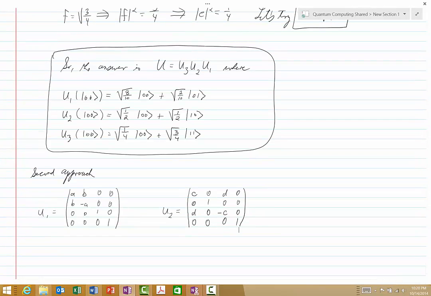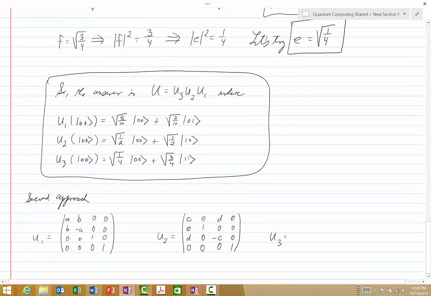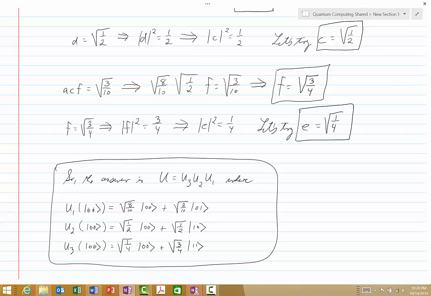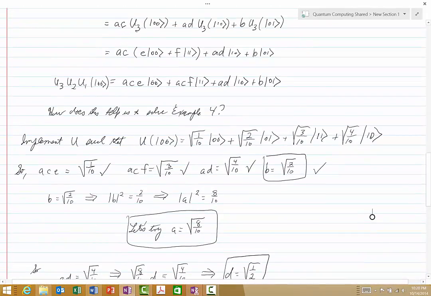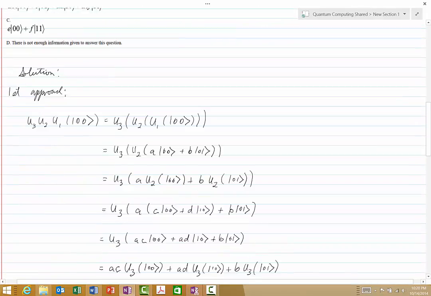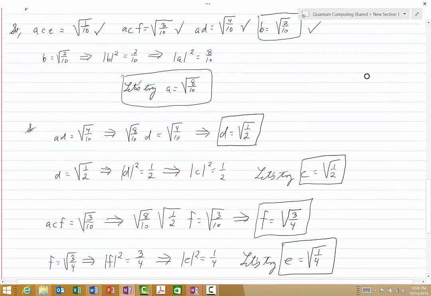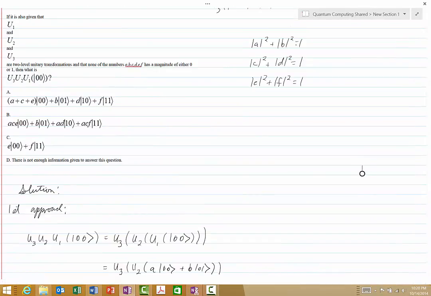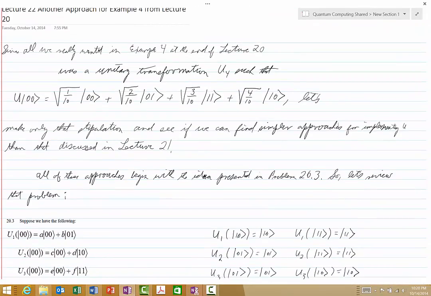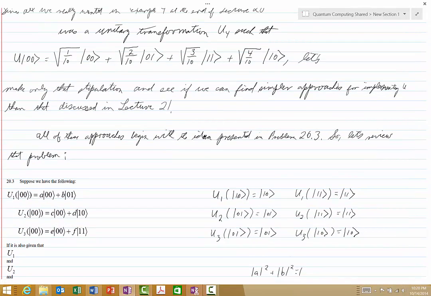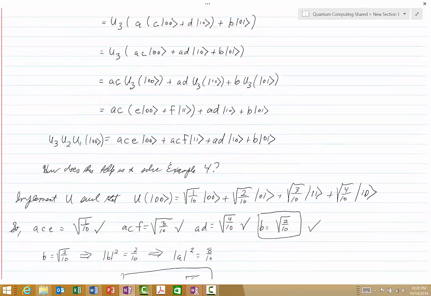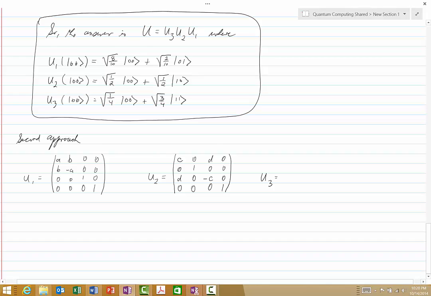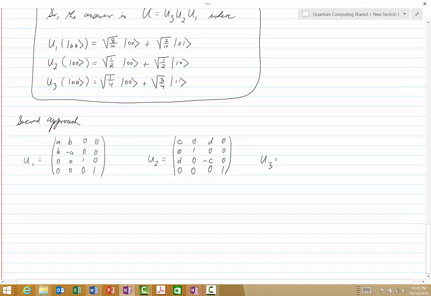And then finally, for U3, since it's equal to E, 0, 0 plus F, oops, wait, I made an error there. If we use the basis ordering that's given here with 1, 0 as the last, see 1, 0 here is the last vector in the basis, then our matrix for U2 would not be as shown, but instead would be this.